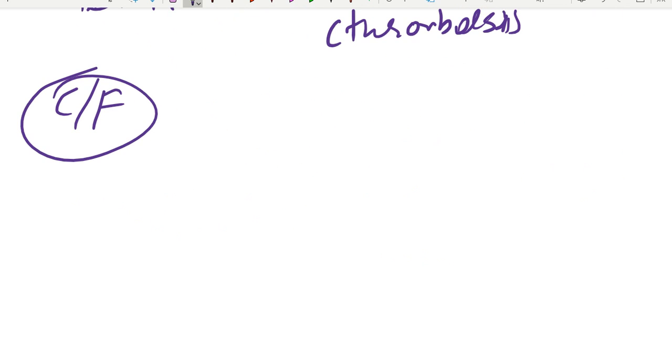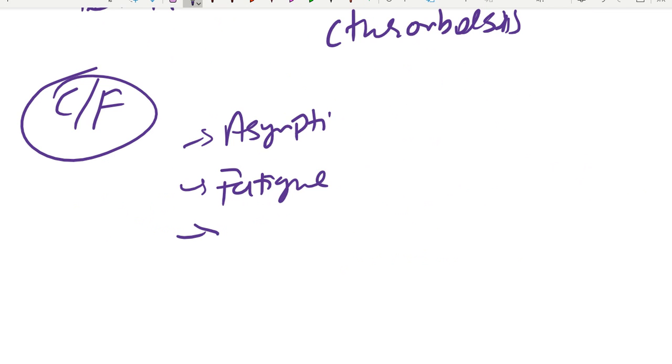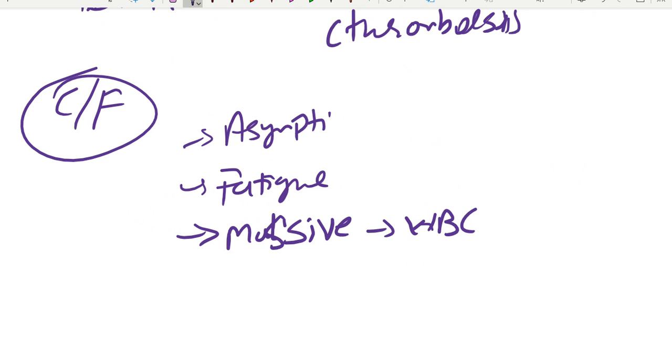Now we can see the clinical features of CML. Mostly asymptomatic patients. Fatigue is there, due to anemia. Massive spleen, due to increased WBC destruction at the spleen.